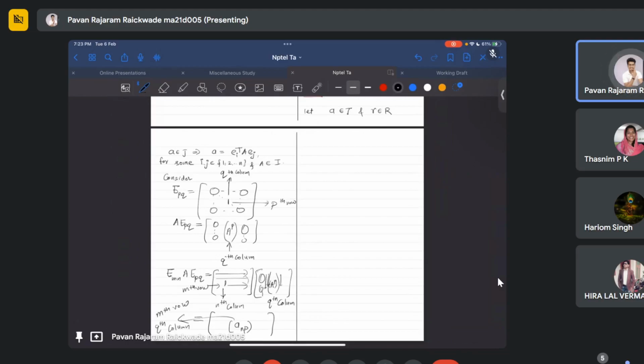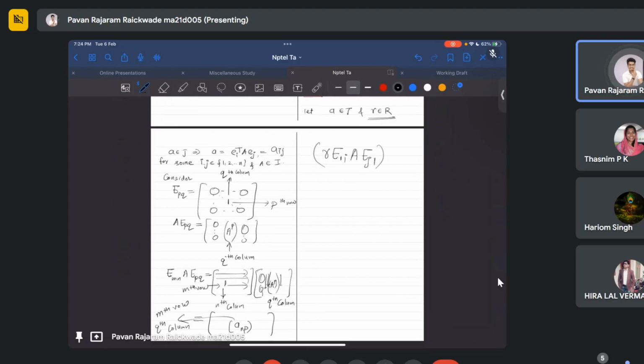So what I want is, I took an element A which is E_i transpose A E_j, and now if I take an element R belonging to capital R, consider R times E_1i, A times E_j1.